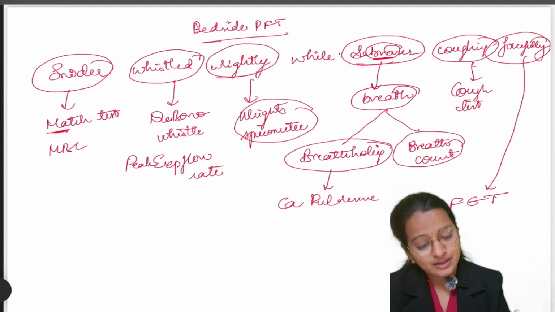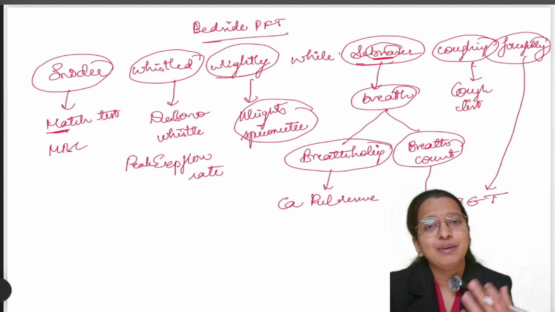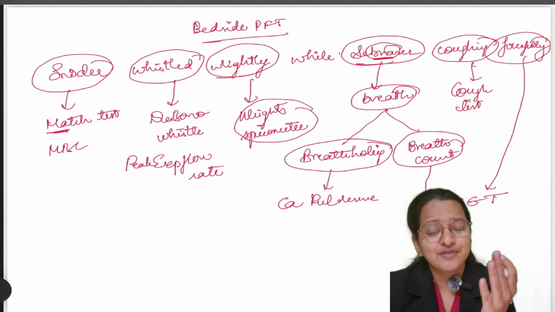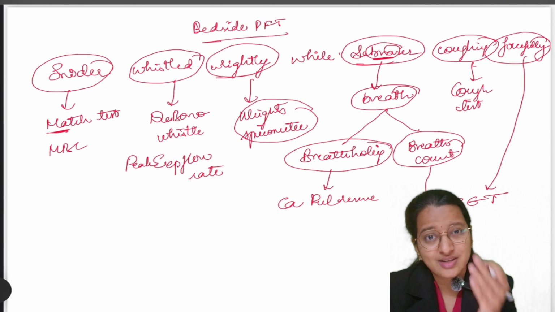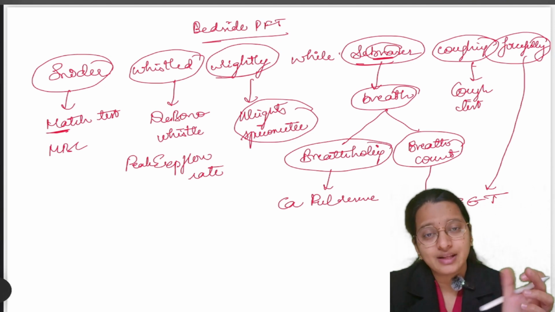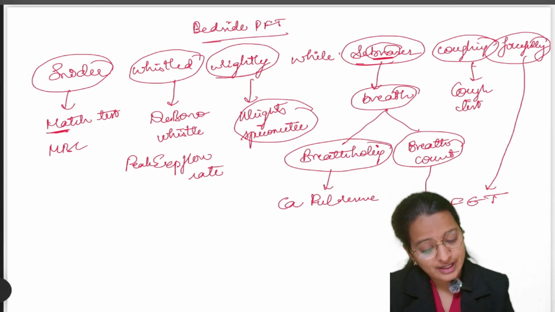Breath counting: in exhaling, he'll be counting numbers. That means we will be counting vitals, like pulse rate. We'll take 6 seconds or 10 seconds, count, and extrapolate later, or we'll count the respiratory rate. So, counting is for vital capacity.